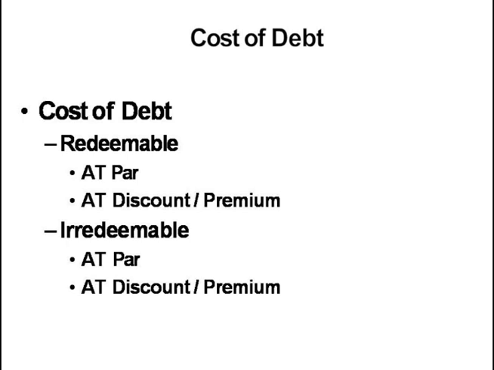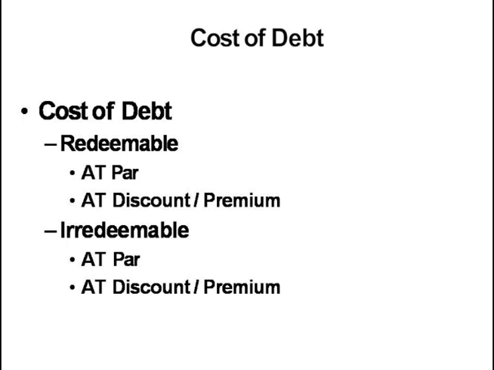When any instrument, bond or debenture, is redeemed over a period of time, it is redeemable, meaning you get the interest and the principal amount over a period of time. But if there is no maturity date mentioned on that instrument, it would be irredeemable. In both cases, the instrument can be issued at par, at discount, and at premium.